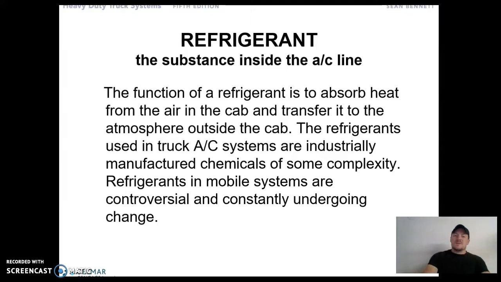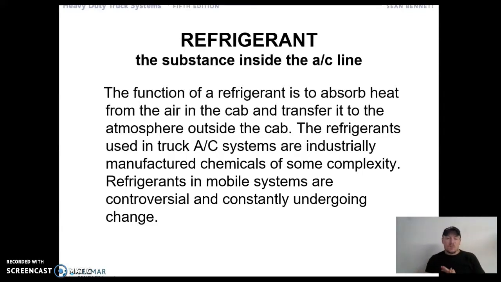So, with that being said, refrigerant is pretty important. The different types of refrigerant change for the service that you're going to be using. Typically, anything you find on ag or over the road or anything industrial today is using R134A. R134A is still a greenhouse gas refrigerant, but it's not toxic.